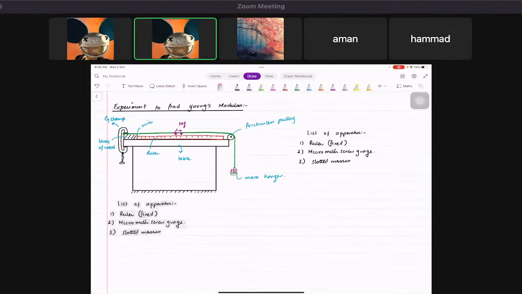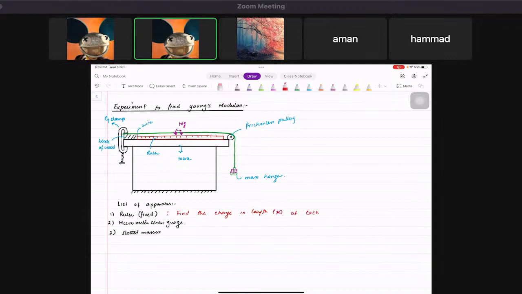The ruler is used to find the change in length x at each addition of mass that you're putting on the mass hanger. The micrometer screw gauge measures the diameter of the wire, and you can simply find the area by using pi by 4 d square.